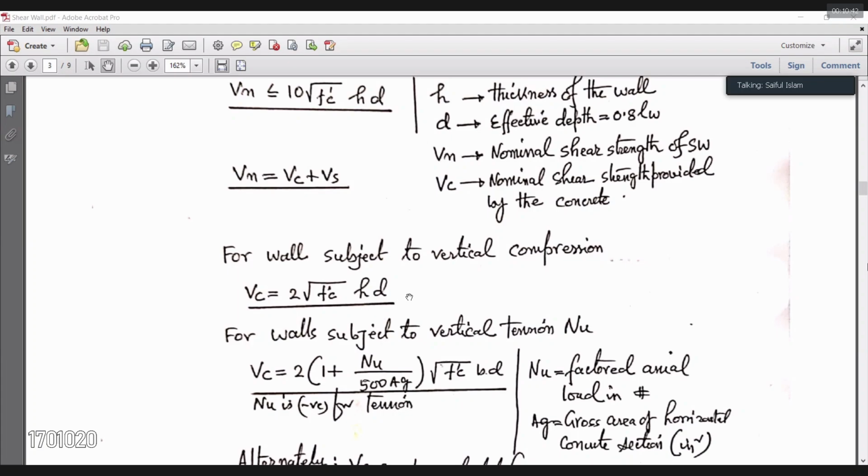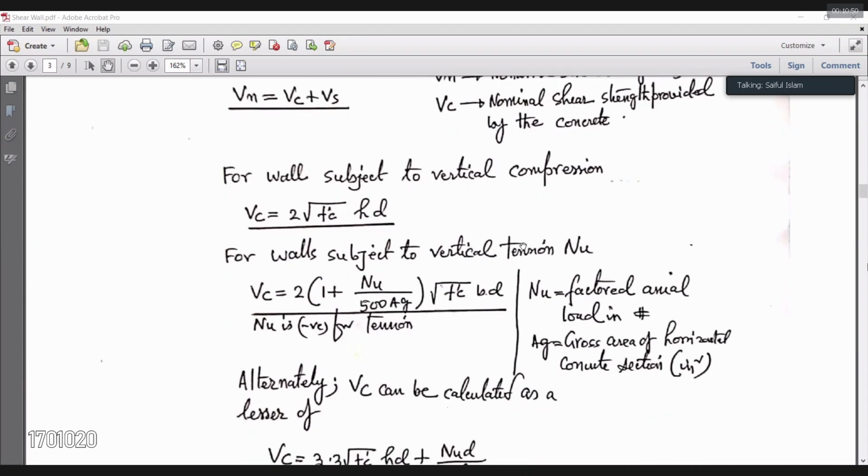Another complicated equation is there, but the code also permits this simplified equation. If walls are subject to vertical tension Nu, then the Vc formula will be 1 plus Nu by 500 Ag into root f prime c h d. Here Nu will have a negative sign.